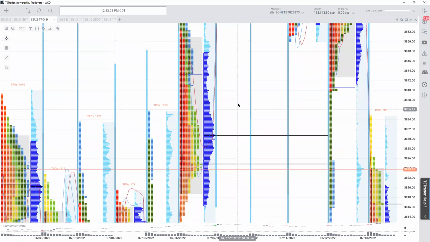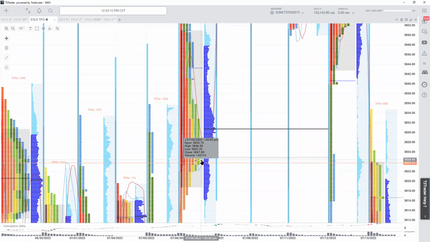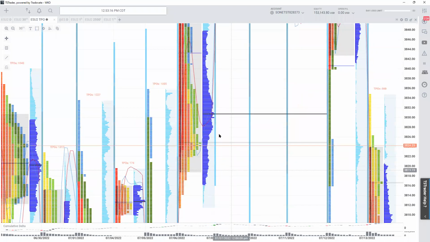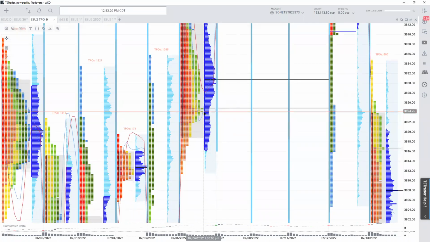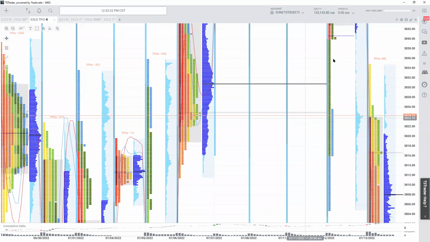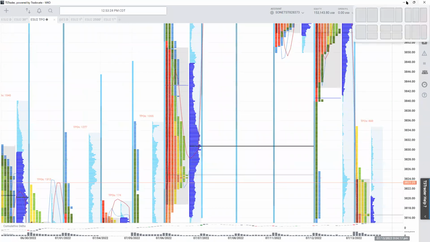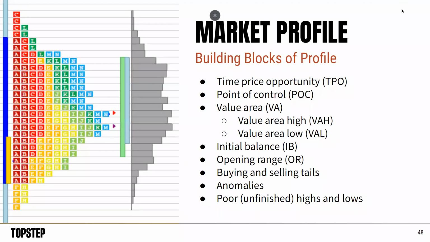What else did we see? More anomalies down here. Eventually the market did target those. So when there's an eyesore, when something doesn't fit, it would be considered an anomaly, and it gives you the opportunity to see price eventually go and check it. And anomalies do get checked quite often.